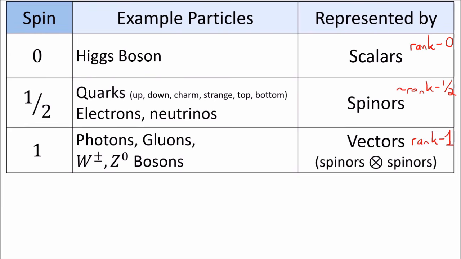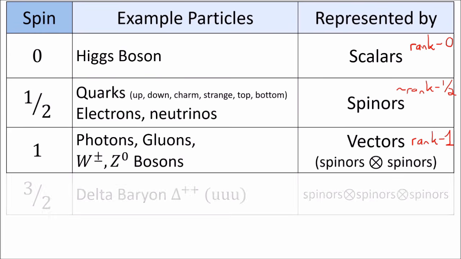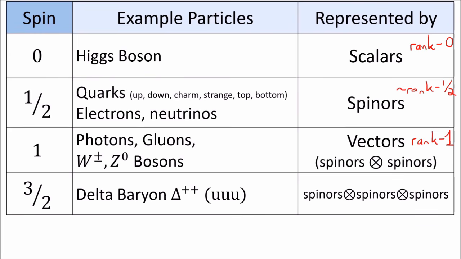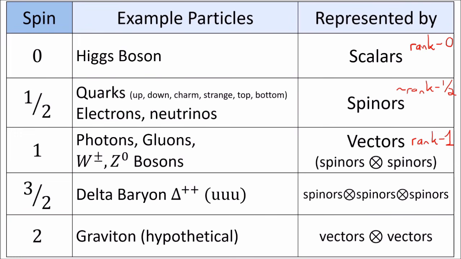It's also possible to combine fundamental particles into composite particles, which can have higher spins like 3/2. These particles are represented by higher dimensional objects that are tensor products of spinors and vectors. The hypothetical graviton is spin 2, and this is related to the fact that the metric tensor from general relativity is a rank 2 tensor.